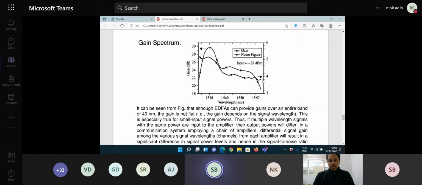The noise figure, the unit of the noise figure, it's a ratio of the output signal power to the noise power. So this ratio is around 4 to 5. Okay, this is what is along the right side of the y-axis. That is the noise figure.